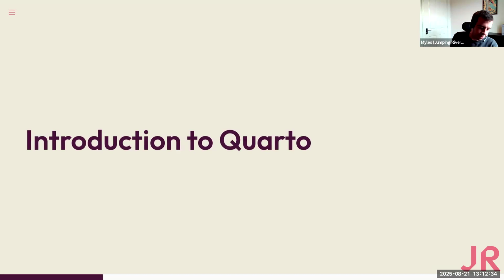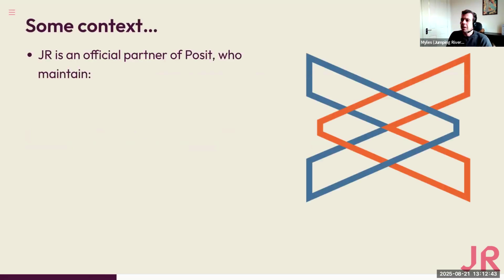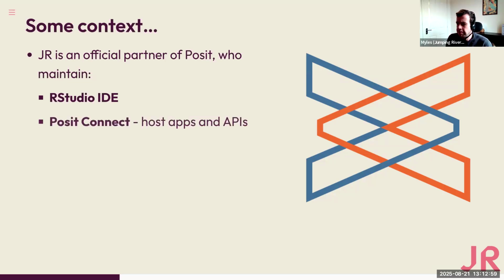Great. So that brings us on to the main topic for today. We're going to learn about Quarto. First of all, to give a bit of context, Jumping Rivers is an official partner of Posit, who maintain a number of products that you might have heard of. The most popular of these is probably RStudio IDE. This is a really popular development environment for R programming, which I'm sure a lot of you will be familiar with.